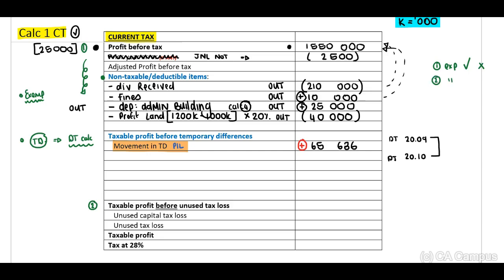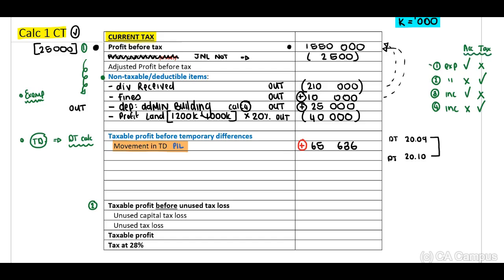Two, expenses not allowed for accounting, allowed for tax. Three, income allowed for accounting, not for tax. Four, income not allowed for accounting, allowed for tax. Okay? Remember, this is your accounting column and this is your tax column.